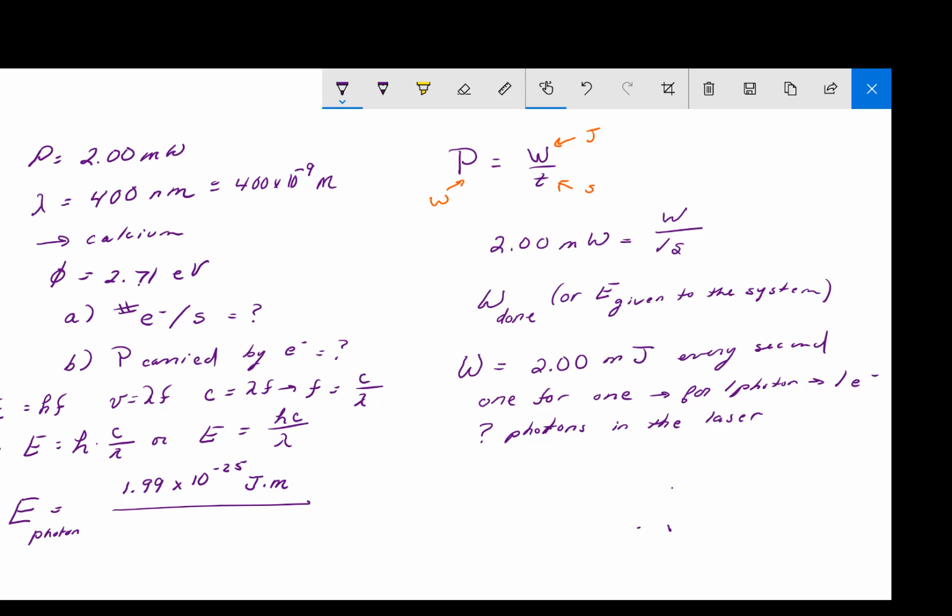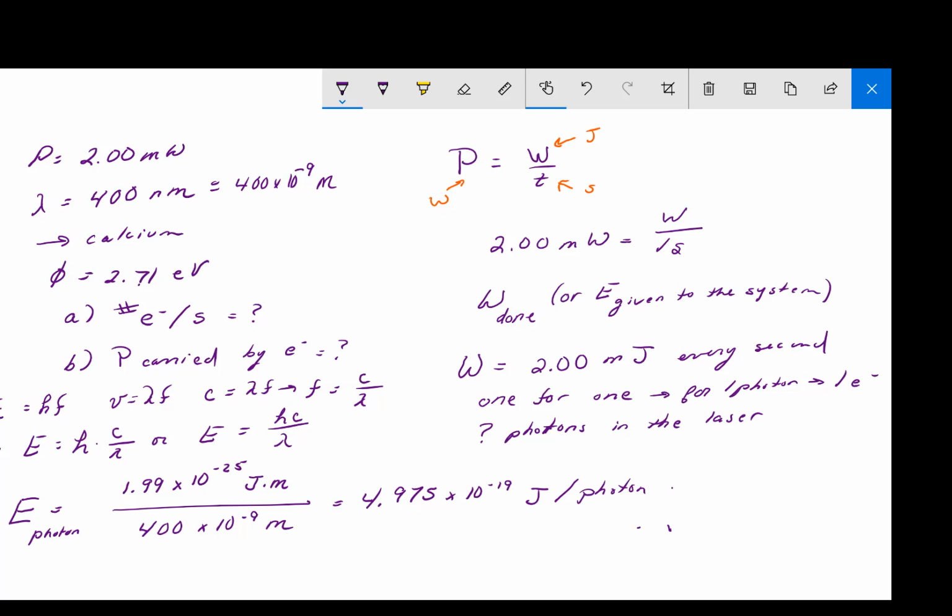So if you notice up above, I changed the 400 nanometers to 400 times 10 to the minus 9th meters. And I'm going to substitute that number into the equation, being careful that all my units work out. So I get the energy per photon is equal to 4.975 times 10 to the minus 19th joules per photon.